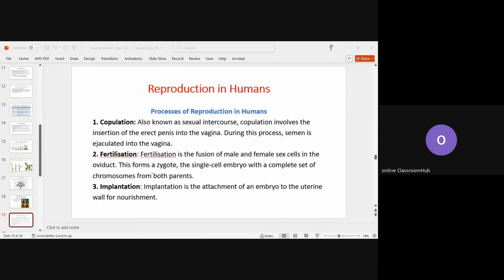So if an X from the female and an X from the male combine, a female is formed. If X from a female and Y from a male, then a male child is formed. So it's like that. Male contains both Y and X chromosomes, but female contains only X chromosomes.